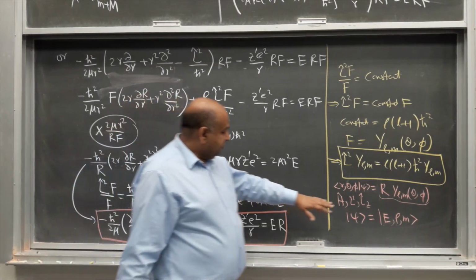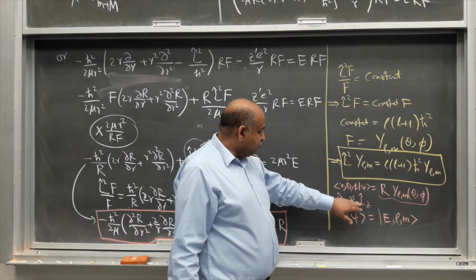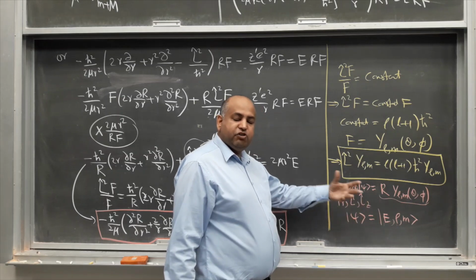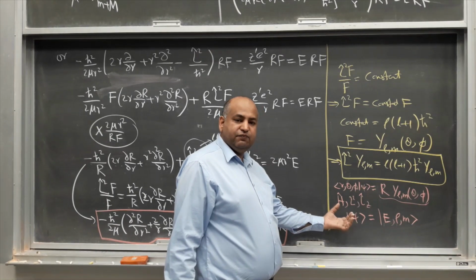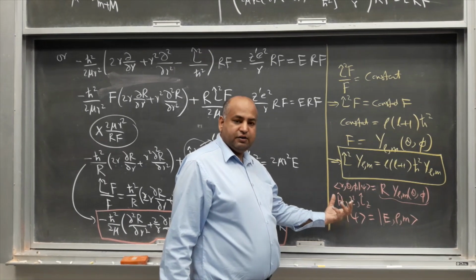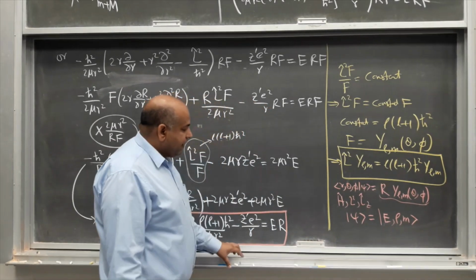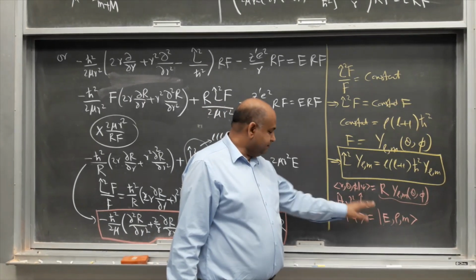So let me repeat that these are eigenfunctions of the H, L square, LZ operators, but only for a spherically symmetric potential, that is, the potential V of R is independent of theta and phi. It's only dependent on R. So this state is an eigenstate of these three commuting observables.